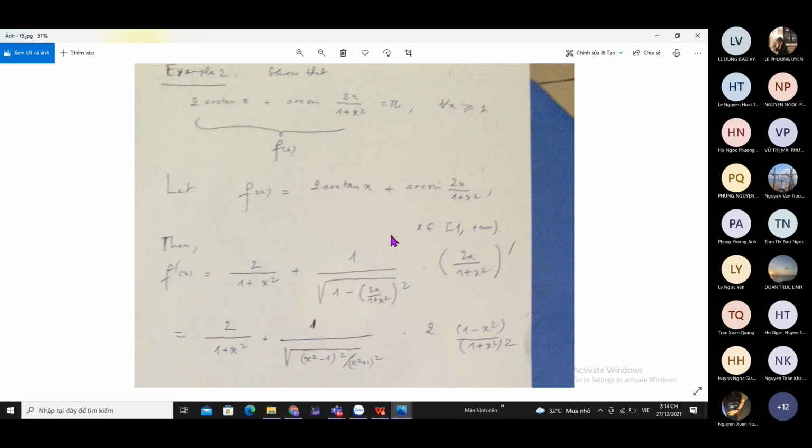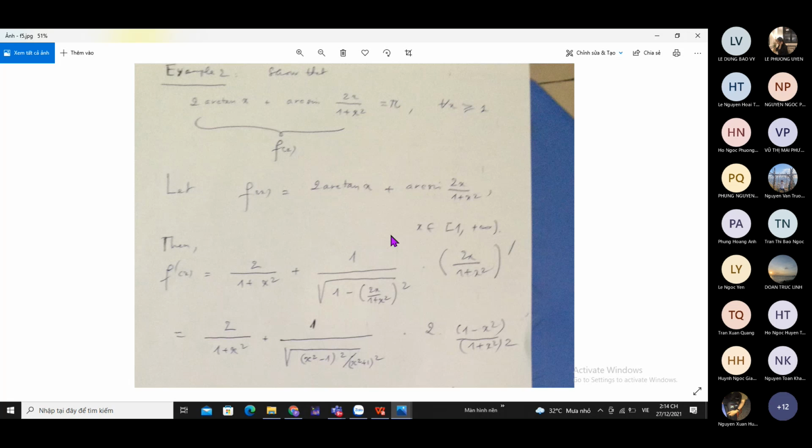If we consider the function f given by the left-hand side, I mean f of x given by twice tan inverse of x plus sine inverse of 2x over 1 plus x squared on the interval 1 infinity, then you have f of x equals pi for every x greater than or equal to 1, right?